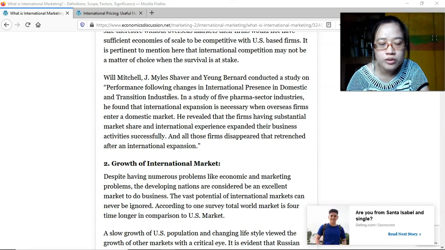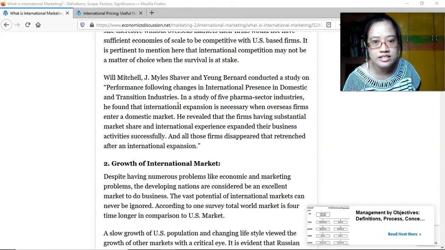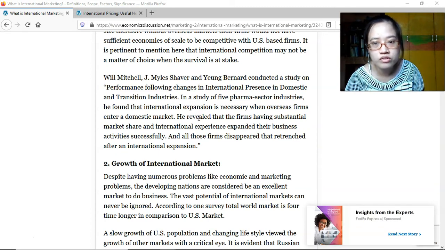A study was conducted on performance following changes in international presence in domestic and transition industries. In a study of five pharma sector industries, he found that international expansion is necessary when overseas firms enter a domestic market.